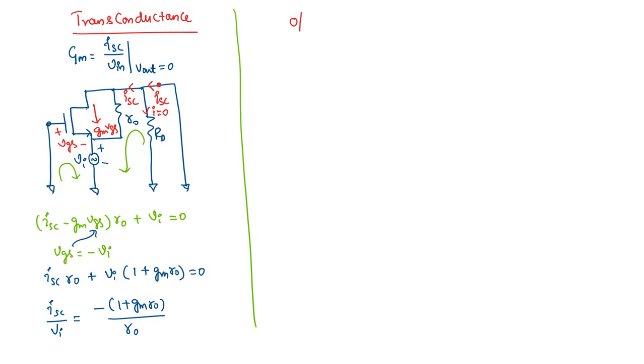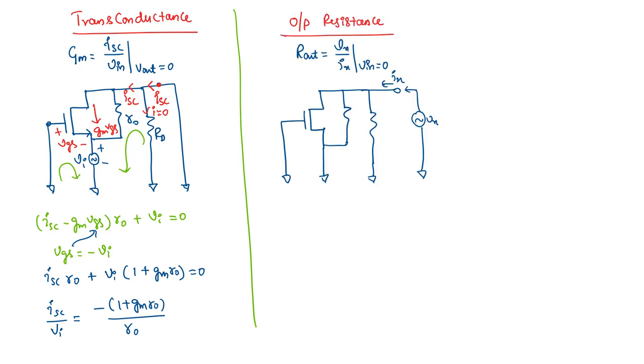Now let's look at the output resistance of this stage. Obviously in this case, as we make Vin equal to 0, VGS here is 0, hence the current that flows through the MOSFET will also be 0. Hence Ix that we talk about here when we apply Vx would flow through the resistance which is in parallel, R0 in parallel with RD. Hence obviously Vx by Ix, which is the output resistance, will be equal to R0 in parallel with capital RD.